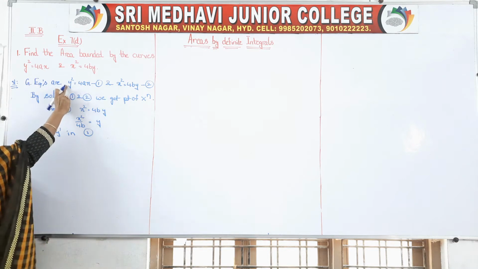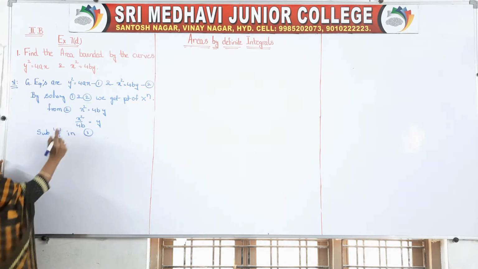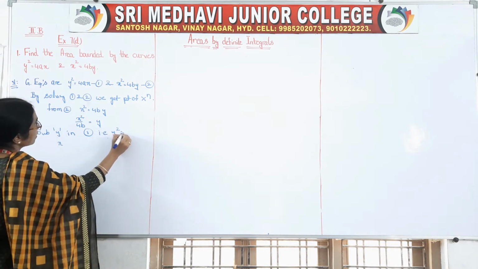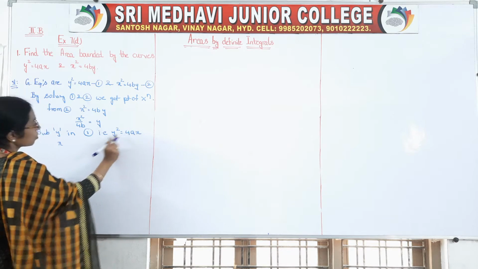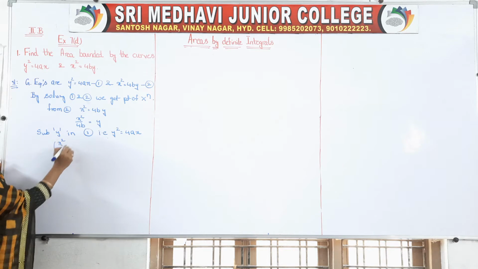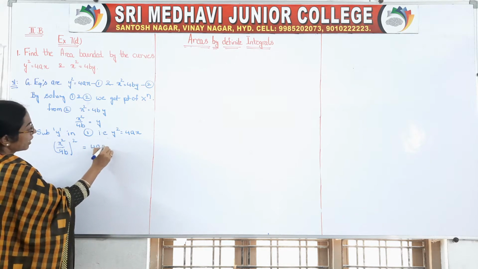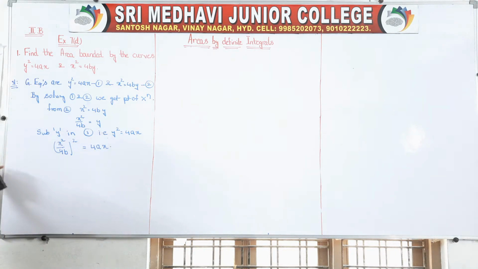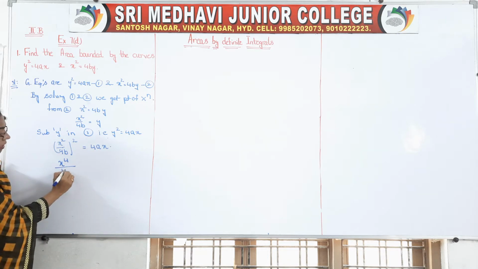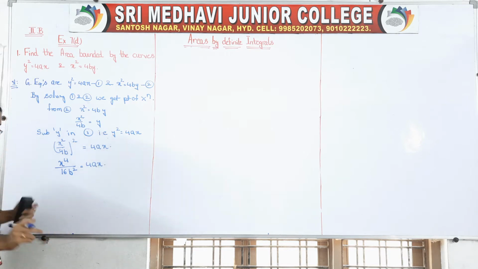What is your first equation? y square is equal to 4ax. So y square, y is this one. So in 1, that is y square is equal to 4ax, in the y place we have to take x square by 4b whole square, is equal to 4ax. Okay, so we will have x to the power of 4 by 16 b square is equal to 4ax.